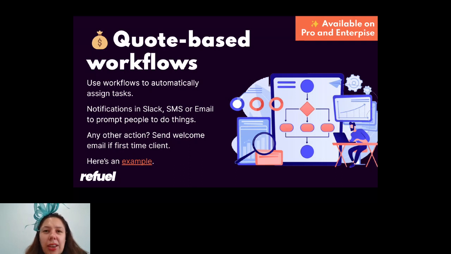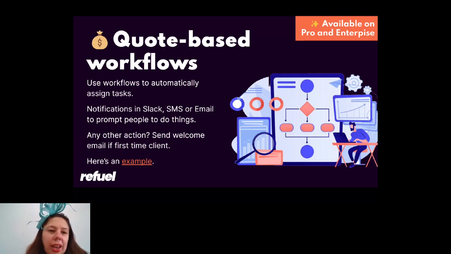For our use case, we would send a notification to our traffic or production schedule Slack channel so that the operations manager is aware and knows that this quote's been signed off. So we need to start onboarding the client, start briefing the team, and make sure that we book in those kickoff meetings.